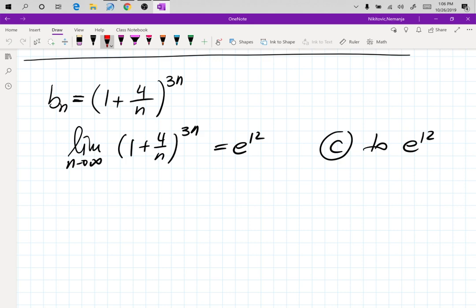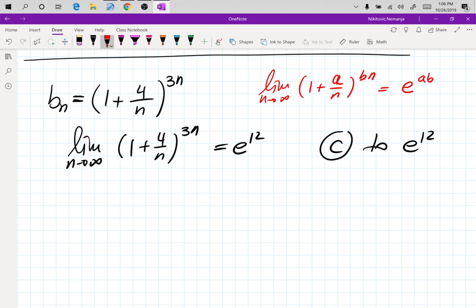So what do I know? Because, again, professional deformation, right? I know that the limit when n goes to infinity of (1 plus a over n) to the bn is going to be e to the ab.